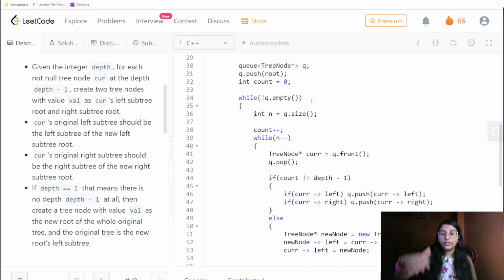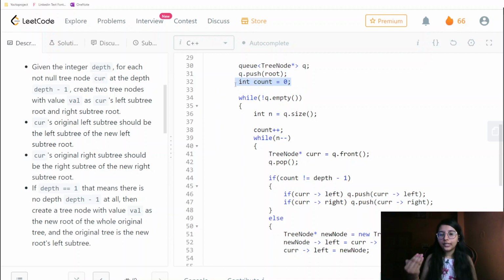Now here comes the part for the other case, when our depth is basically inside at any level of our tree, when depth -1 is present. So at that moment we are going to do our code like this. Here first we are taking this queue, and in that queue we are pushing and doing that BFS as usual which we used to do. Then here our count is equal to 0.